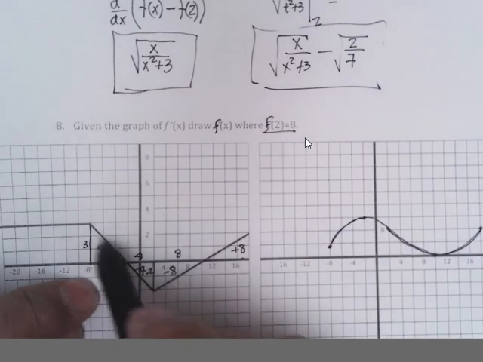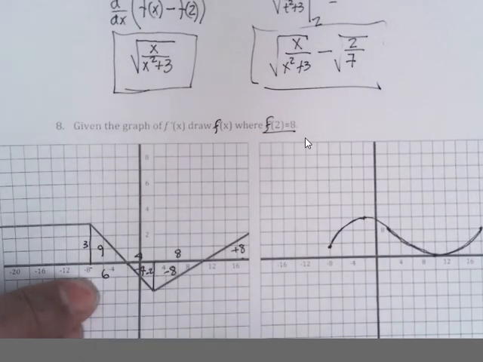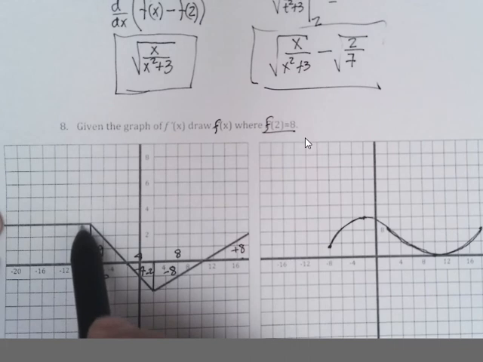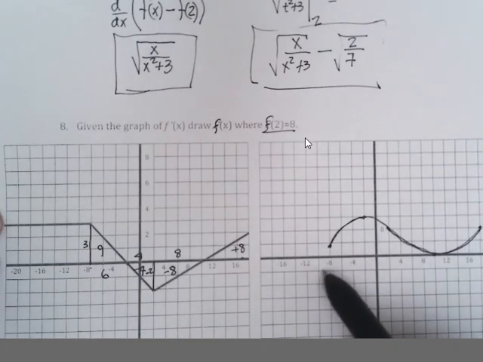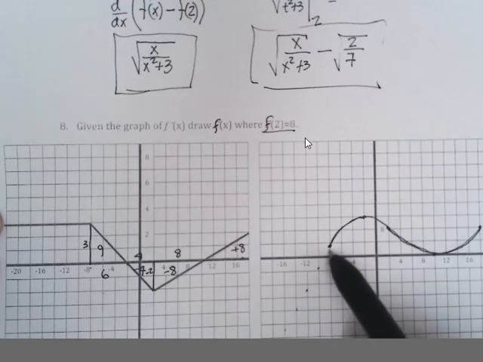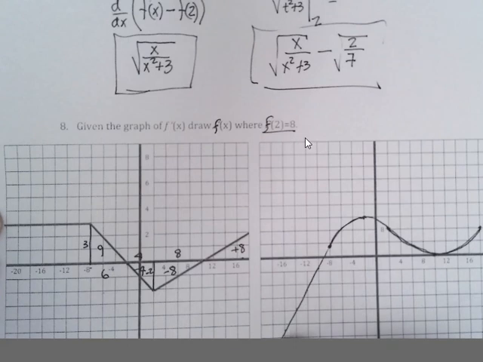Concave down because this is sloped down. The rest of this is all 2 by 3, which is 6, negative 6. I have to go down 6, which should take me to here, down 6, down 6, down 6, down 6, constantly going down 6. So the rest of this is a straight line with a slope of negative 6.